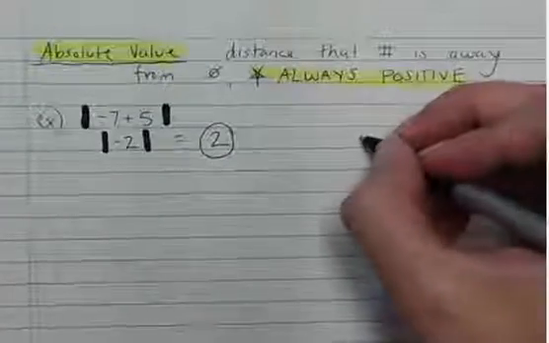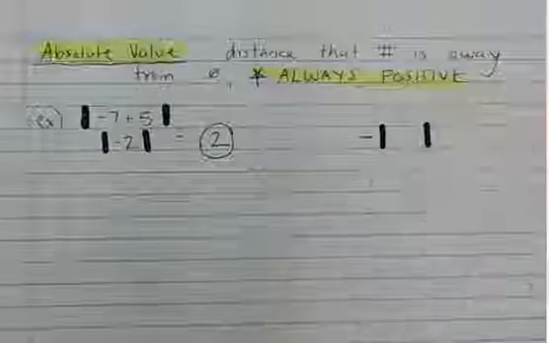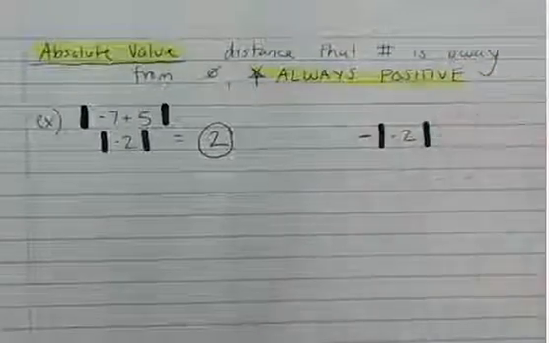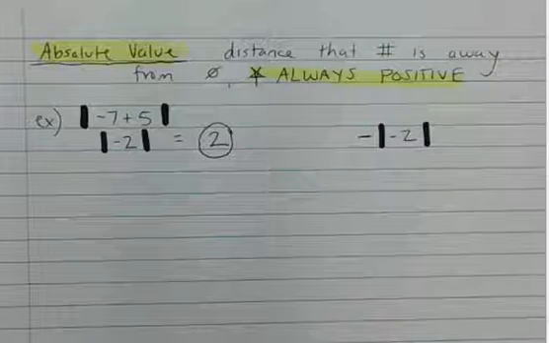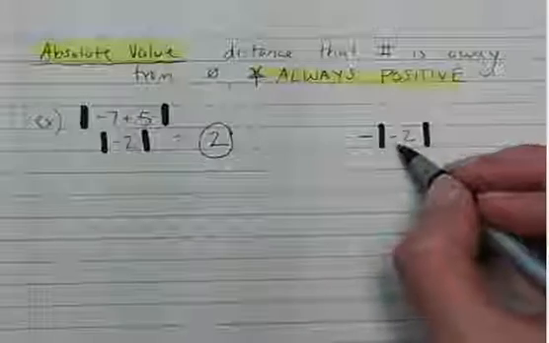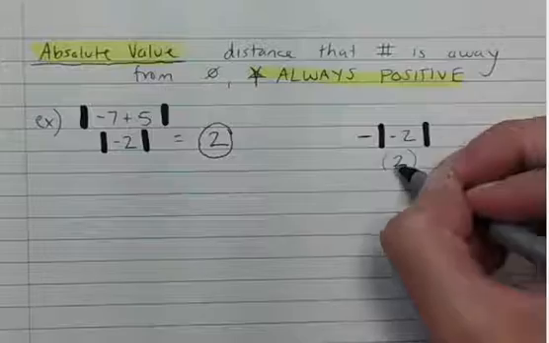Okay, now this could be a little different though. If there's a negative sign on the outside of the absolute value of -2, that's going to change the answer just a little bit. Again, I simplify what's in here. The absolute value of -2 is a +2, but that negative still is in front.